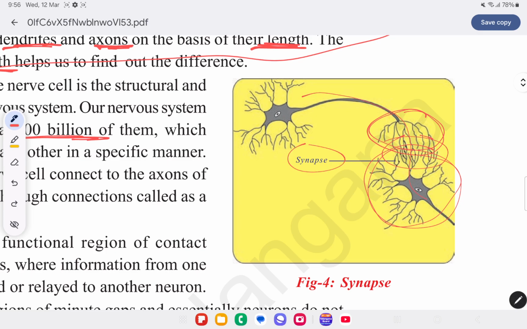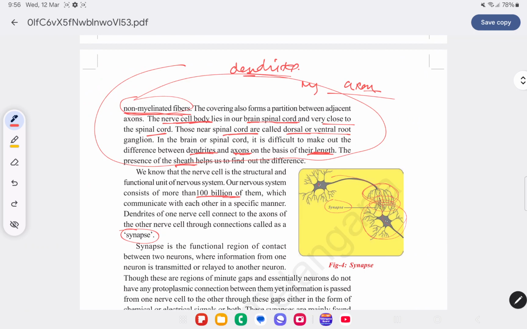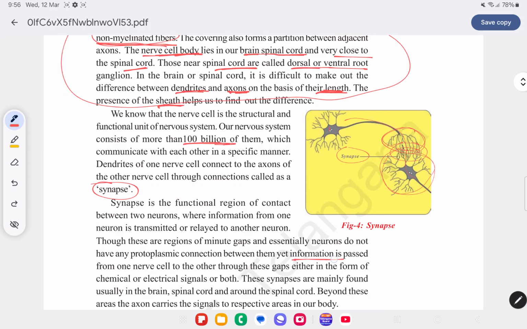And through this connection only, information will pass from one nerve cell to another nerve cell, right? Like this, billions are there. Getting from one to another one, they keep on passing the information. Understood about this, right? So clear about this, how the information will pass through the connection between the nerve cell, and the point where they are connecting is called as synapse. And how they connect?